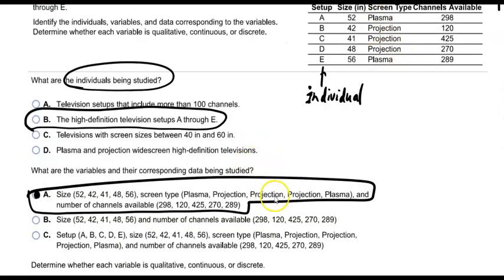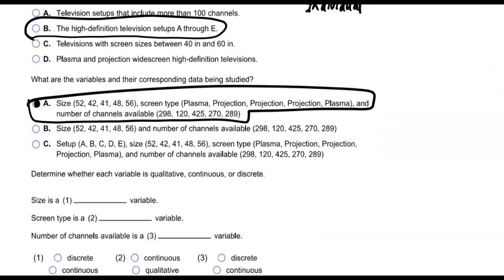Screen type, you can see in the parentheses, and the number of channels, those are the data available for those variables. So 298, 120, 425, 270, 289 are the data for the number of channels variable. So that's question A.